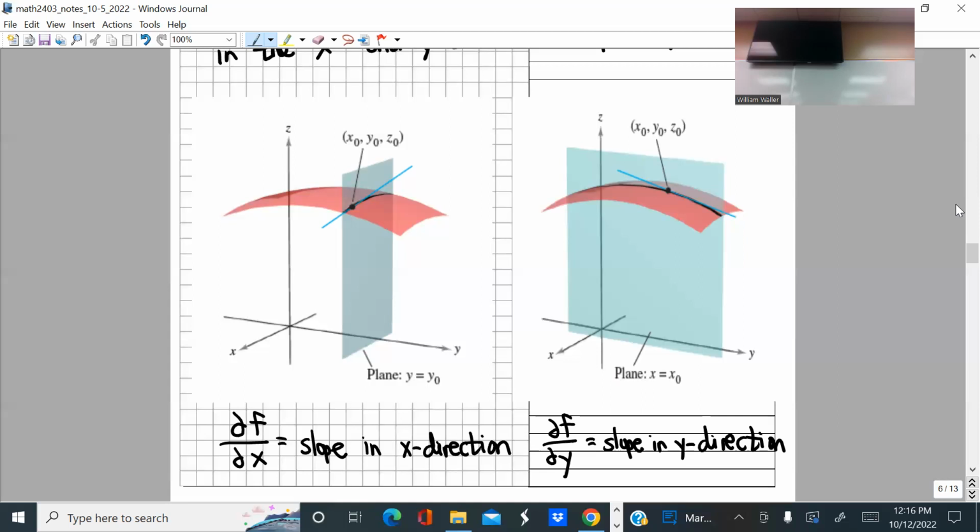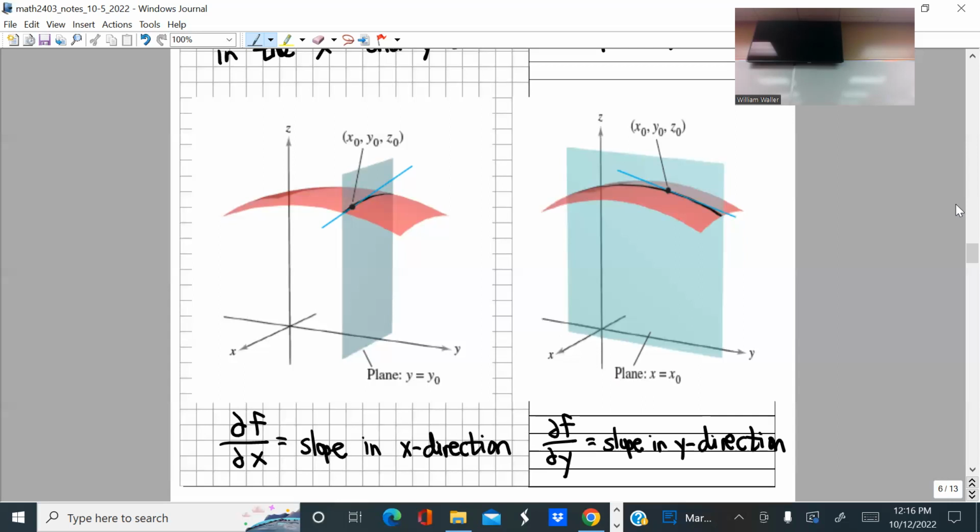And when you do that, of course, you get a curve, and you take that curve and get slopes or tangent lines for that. So the partial derivative with respect to y gives you the slope of the surface in the direction of the y-axis.